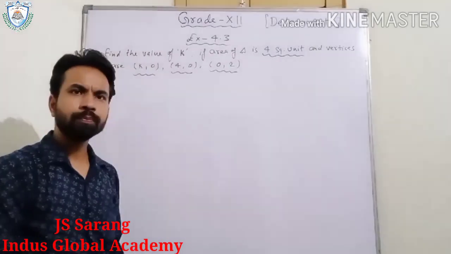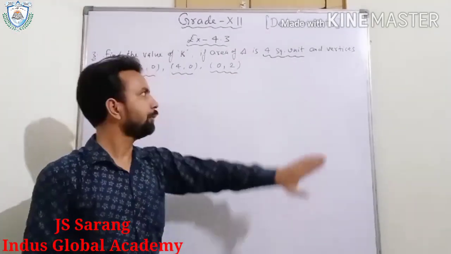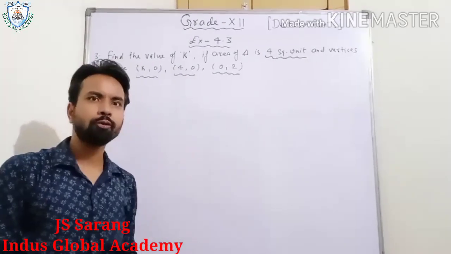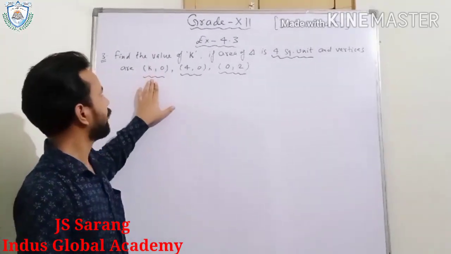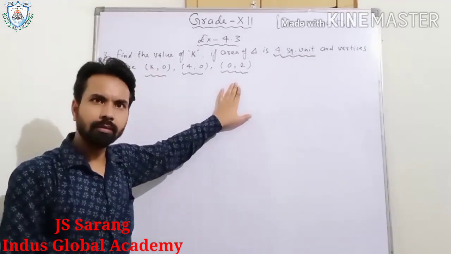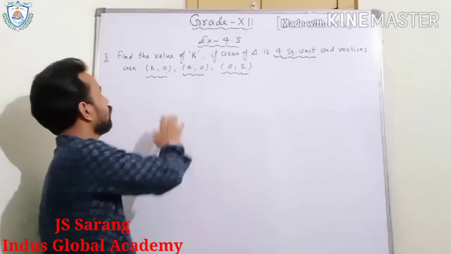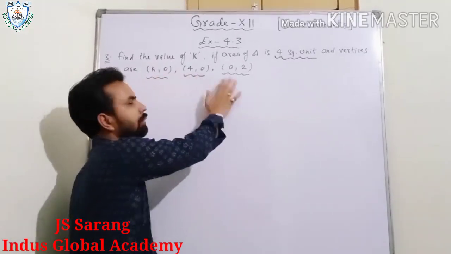So what do we have to do? No problem. If the area is given, then no problem. We have to find the area of the triangle from these 3 vertices. Clear? So first of all, we have to find the area of the triangle from these 3 vertices.